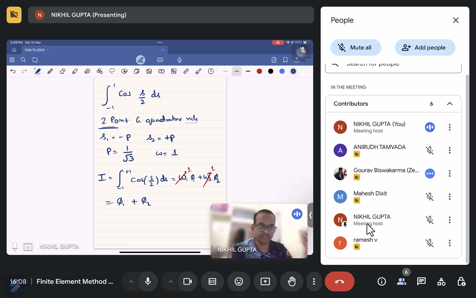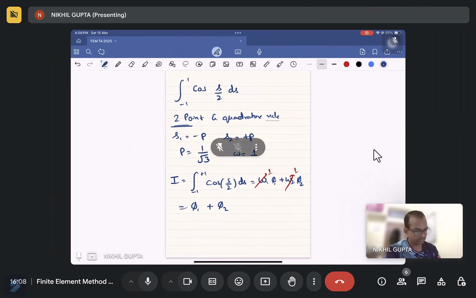Others can also answer. Anirudh, Mahesh, Ramesh, anyone? 1 and 1. I think it's 1 and 1 plus minus 1 by 3.